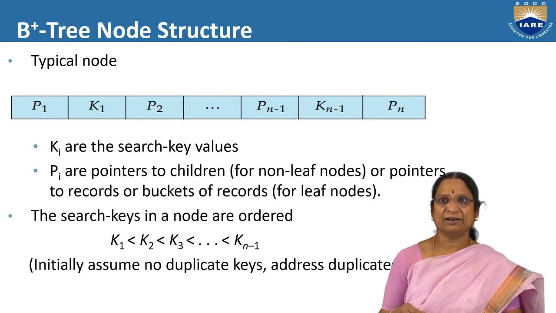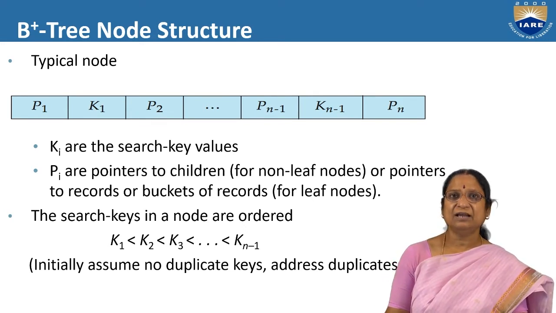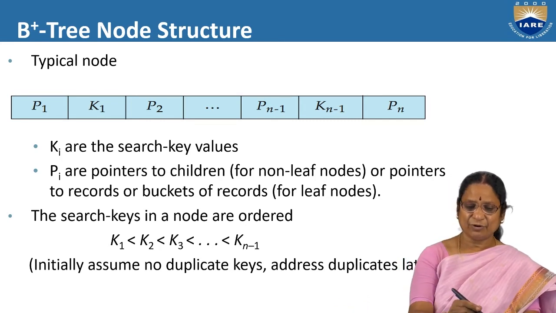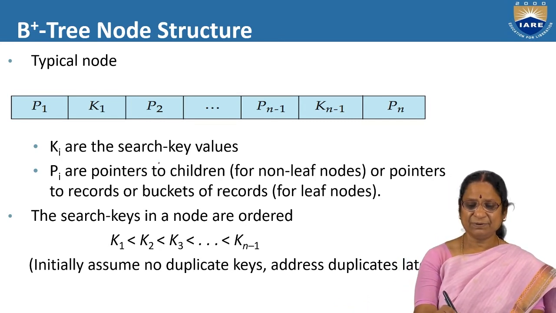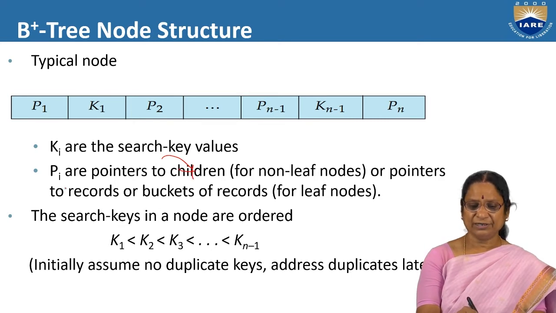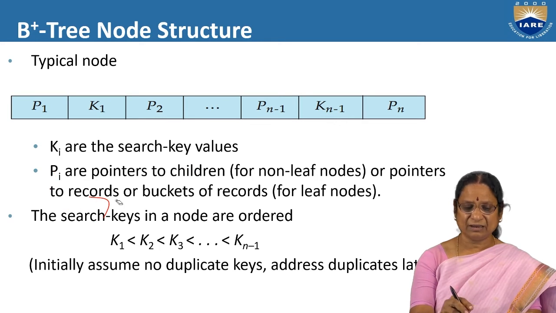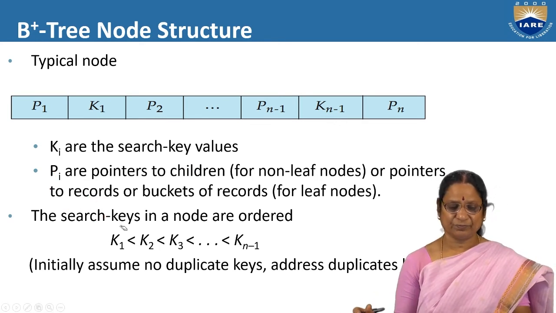These are pointers to the children in case of non-leaf nodes, and pointers to the original records, or a bucket of the records, if it is a leaf node. So the pointers may be to its children or to the original records in secondary storage, depending upon whether it is an internal node or a leaf node.